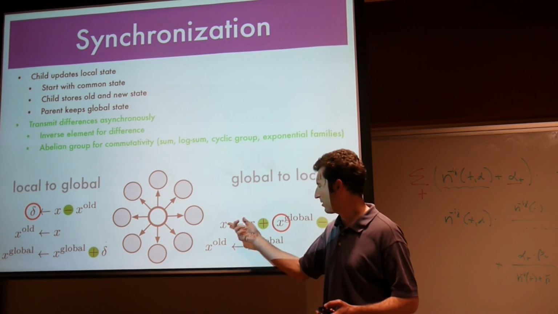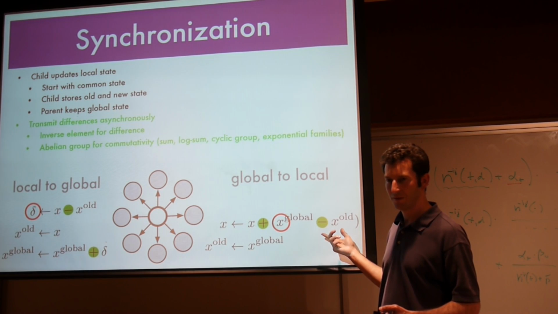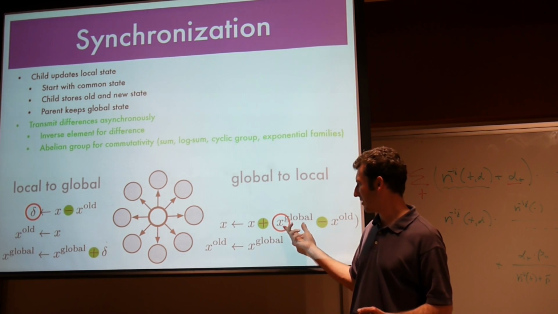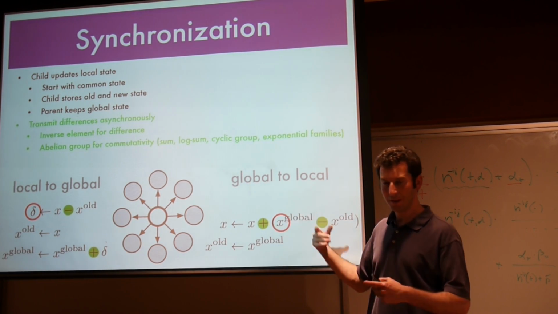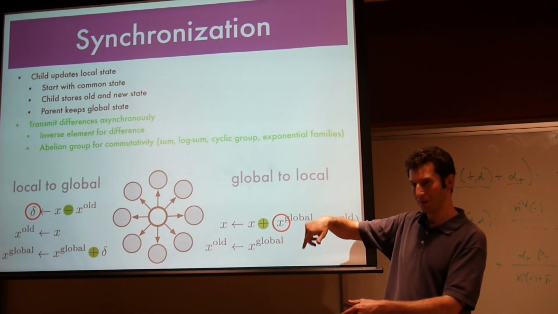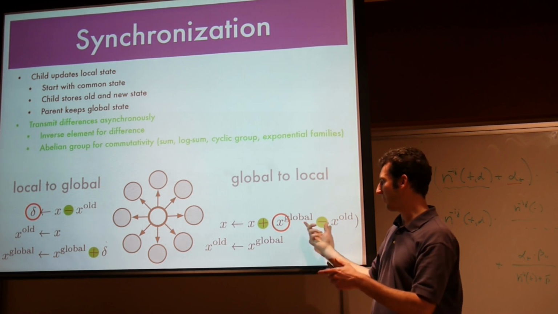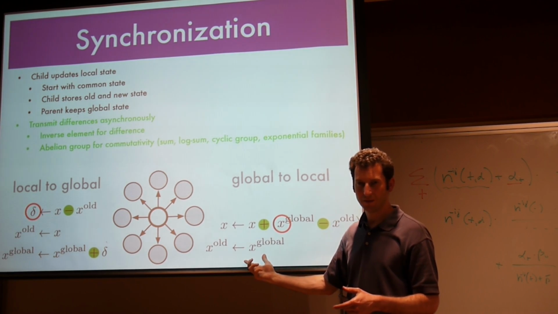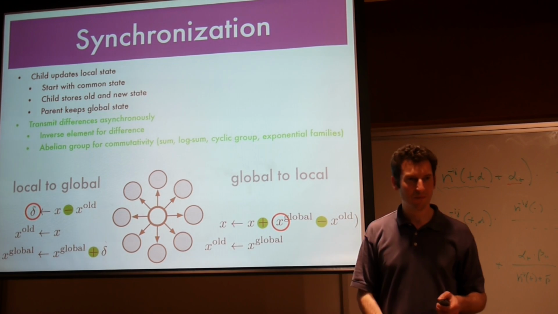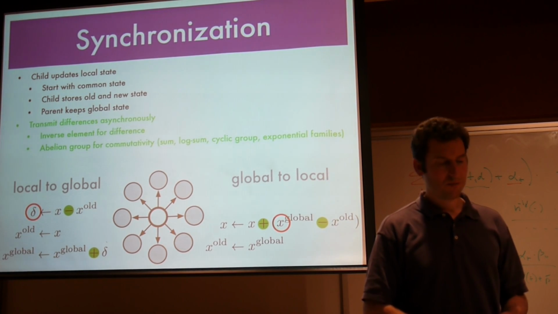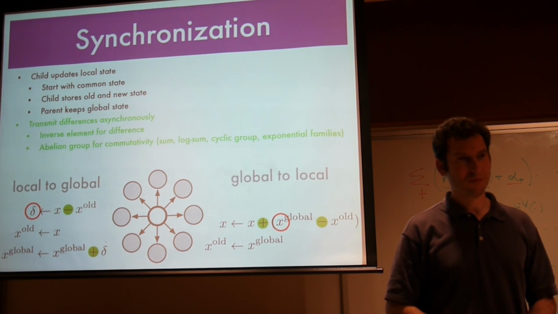Now from global to local, things are actually very similar. I send my global state, now I send the entire state, and locally you just compare what your idea of that global state was to what you've received, and you track and update. Wait, so you're transmitting the entire global state? I'm transmitting the entire global state for a subset of variables.